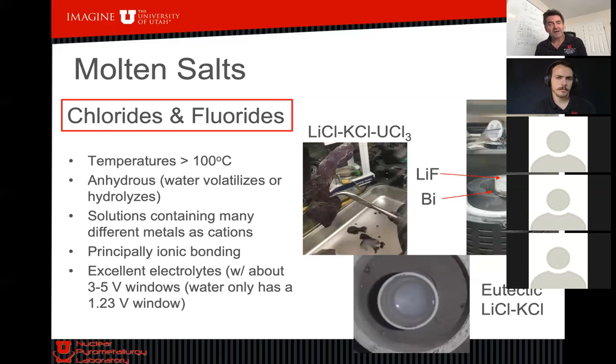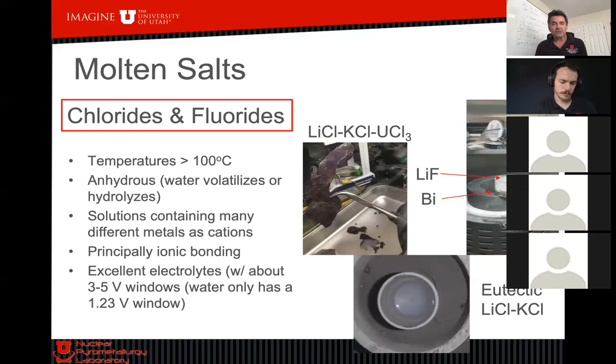Water doesn't like to stick around at that high of a temperature. What happens is if there is water in the salt, it first volatilizes, off gases. And then if it sticks around long enough, it actually hydrolyzes. It reacts with the salt to form acidic gases like hydrogen chloride and hydrogen fluoride. That's actually a problem. We try to avoid that from happening.